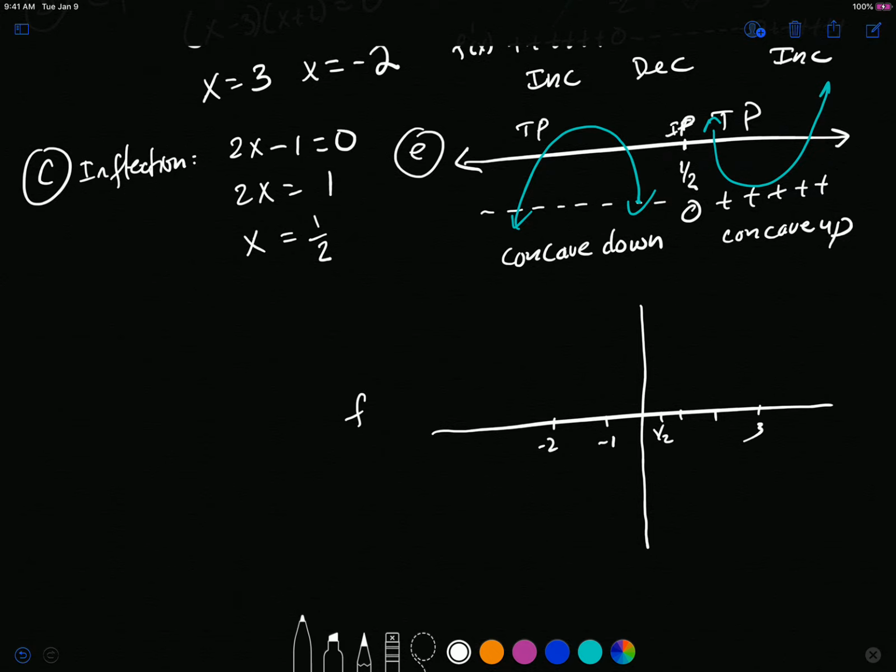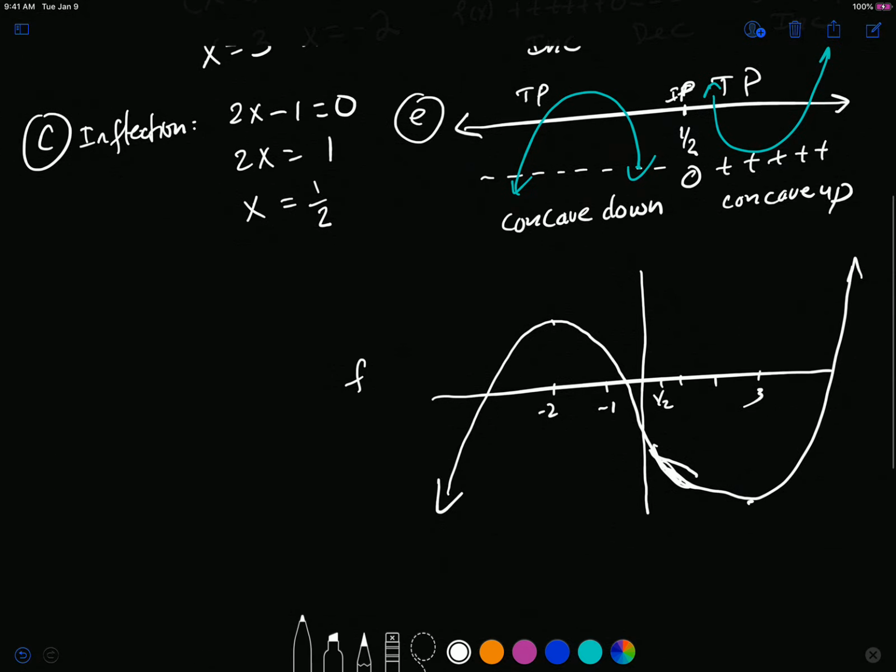And so my graph is going to be increasing until it gets to -2, then decreasing. It is concave down, concave down, and at 1/2 it switches and becomes concave up. And of course it bottoms out at 3 and maxes out at -2.